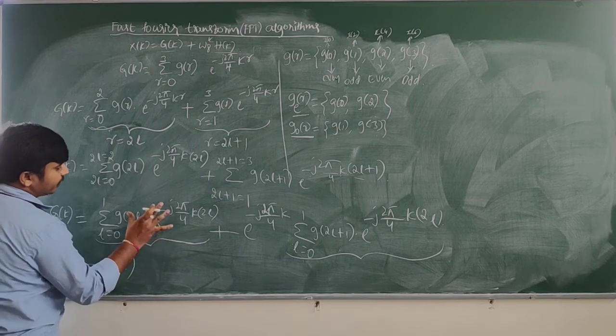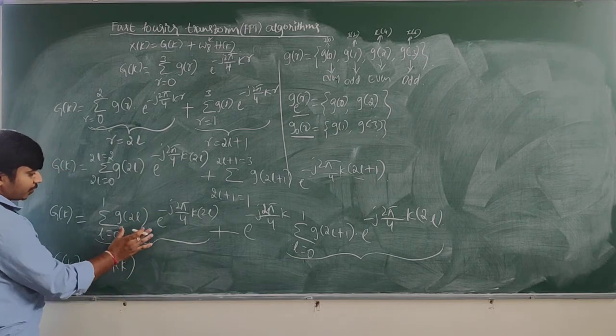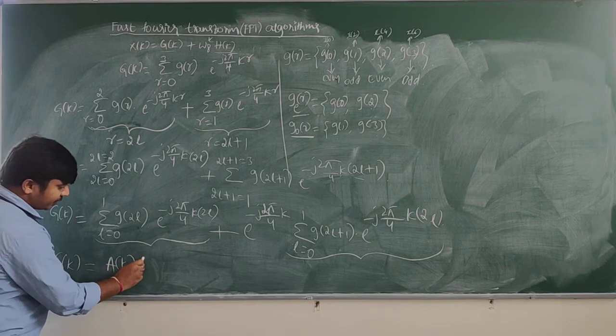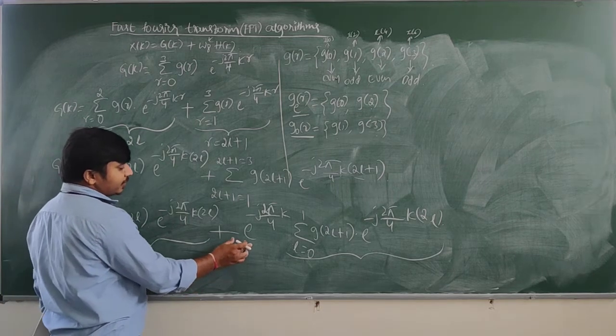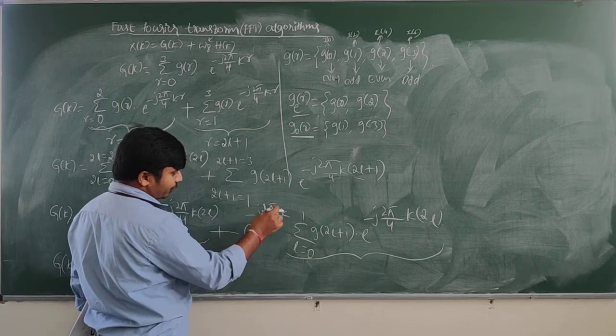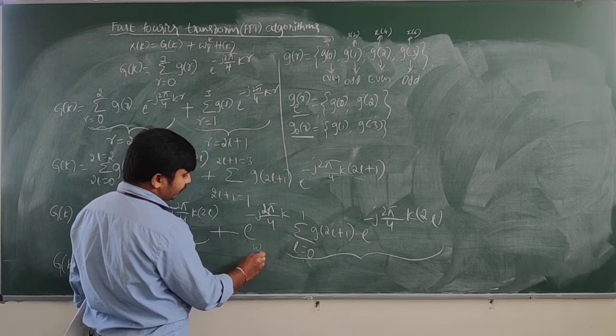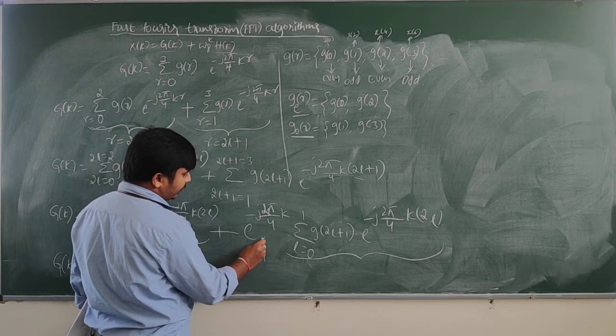This is similar to the DFT equation, so I will write this as DFT A of k plus e power minus 2 pi by 4 into k. I can write it as w of n power, n value is 4 here, w of 4 power k.